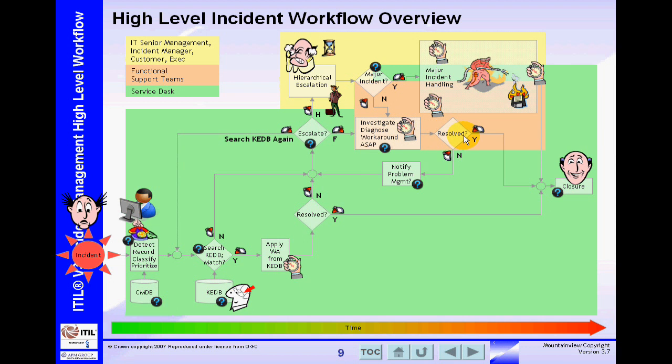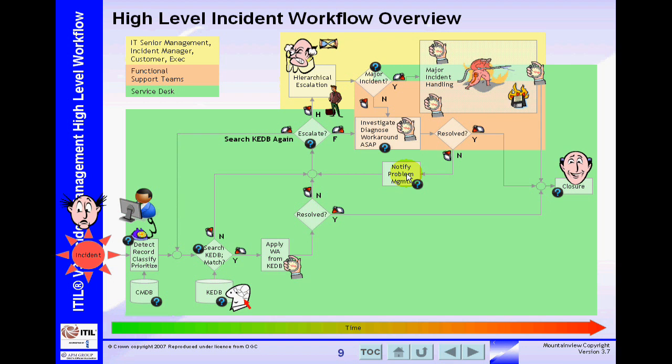Once we diagnose and resolve the incident, we can go to closure. There are instances when we cannot resolve it. And at this point, we have to find out whether or not there's another way of resolving this, perhaps going to another support group.